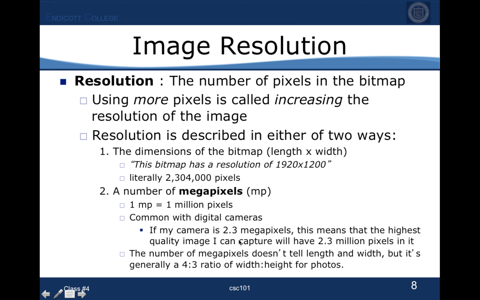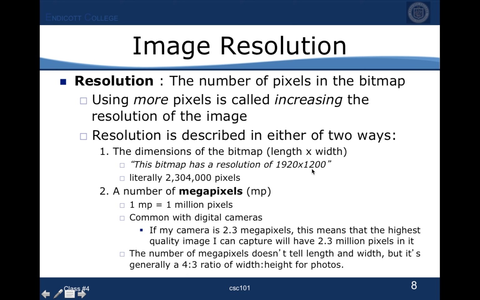Again, as I said before, cameras are usually advertised with one of the numbers they give you being how many megapixels it can capture.